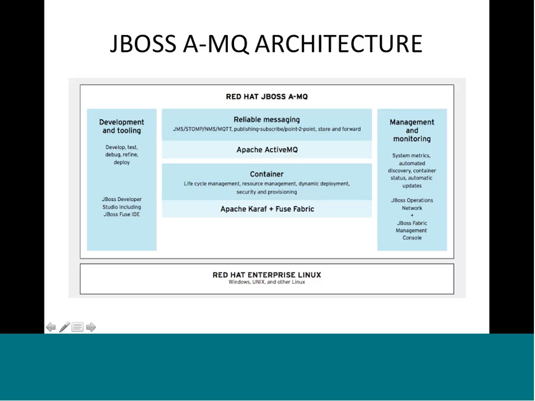Apart from that, you can also interact with Red Hat JBoss MQ for writing your messaging related code by using JBoss Developer Studio. And it also provides you a management and monitoring system. So it provides you system metrics, automated discovery, container status, automatic updates. All these features are bundled in Red Hat JBoss AMQ. So it's not only Apache ActiveMQ, but an entire system that helps you to develop, that helps you to monitor, that helps you to segregate responsibilities into n number of containers.